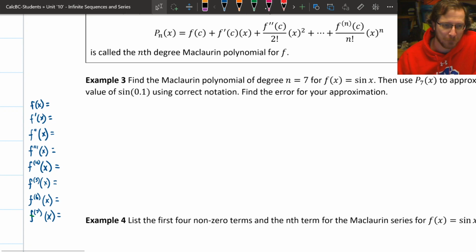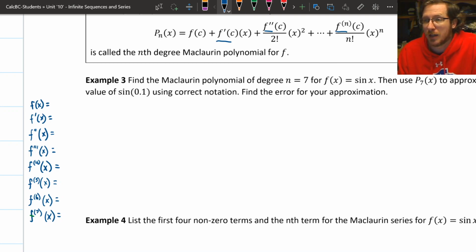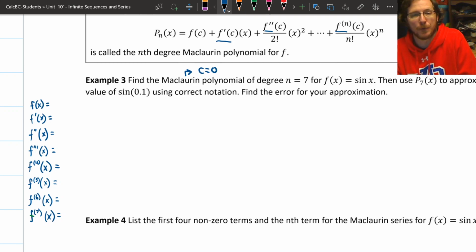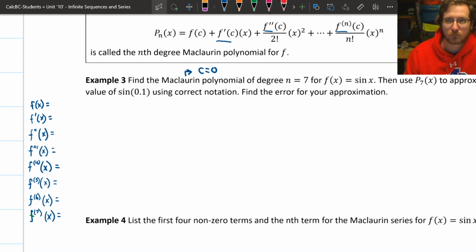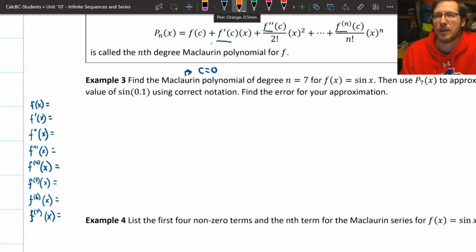So let's find those derivatives first because we're going to need them in our coefficients each time. We're going to need those derivatives at center equals 0 because, again, with a Maclaurin polynomial, we know that our center is at 0. All right, so let's do that.